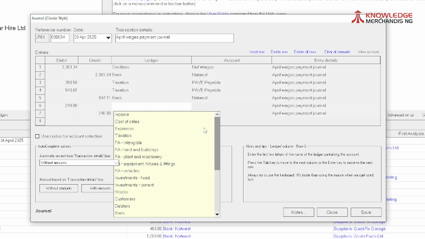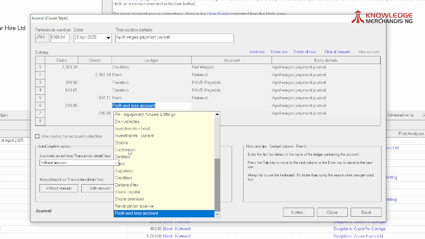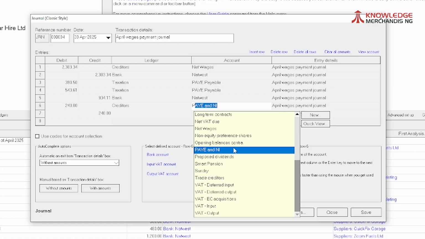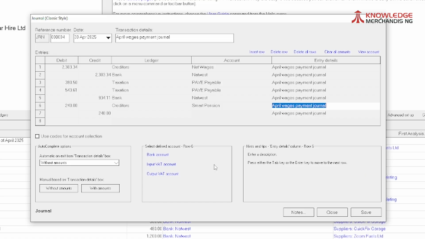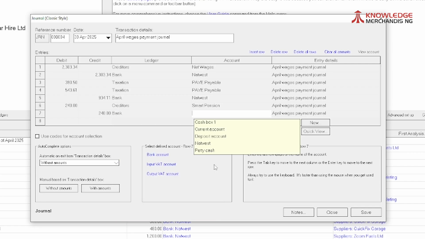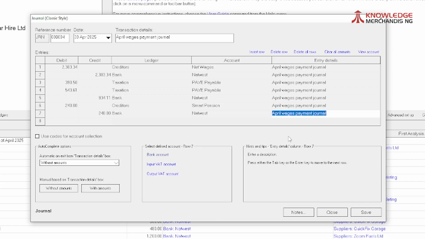That has to come out of pension creditors, Smart Pension, and bank. Next. Okay, that's it. Journal done.